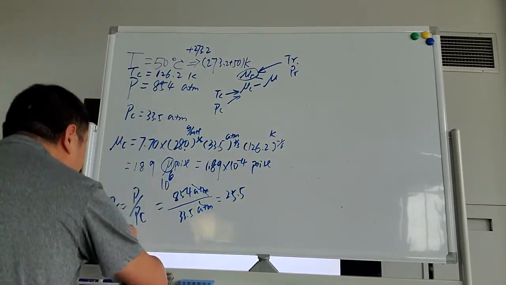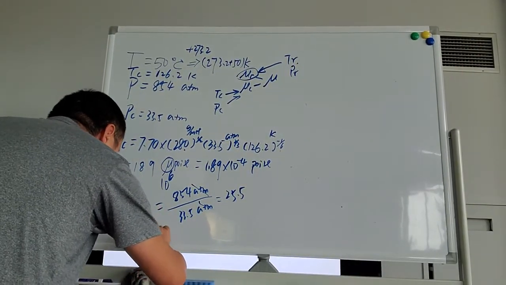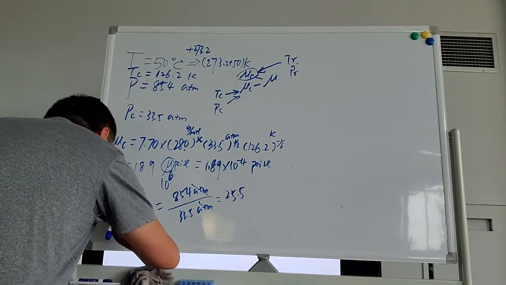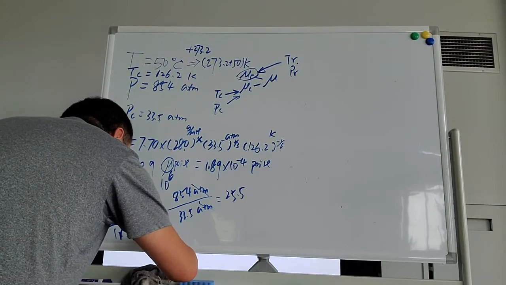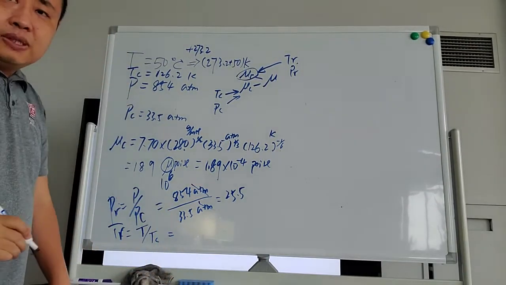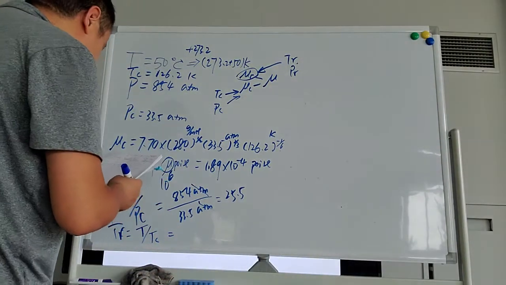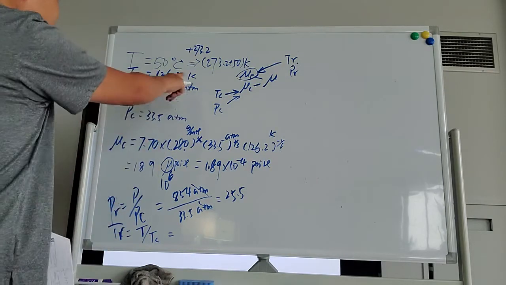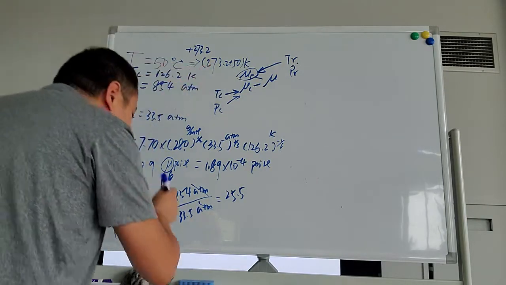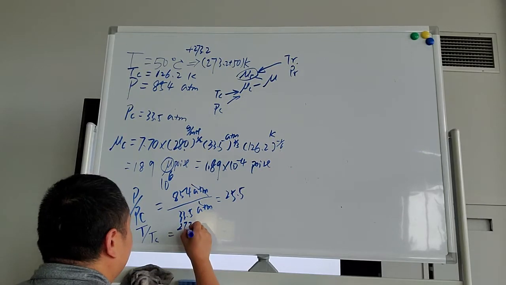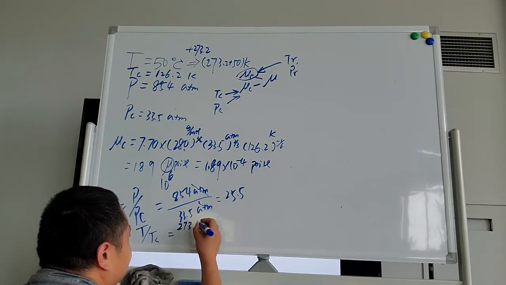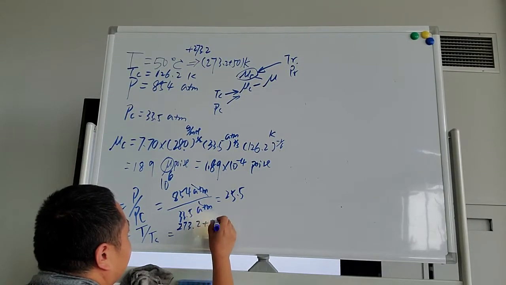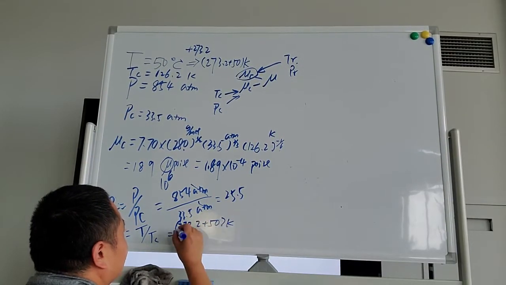So now let's calculate TR. We know TR equals T divided by TC. We know T is 273.2 plus 50 Kelvin, right?